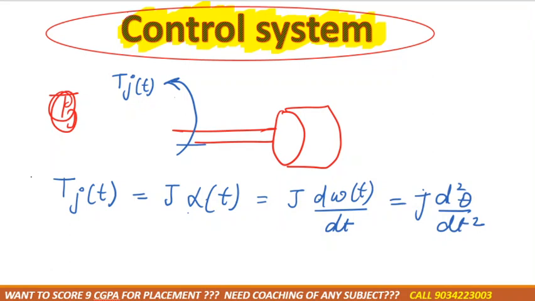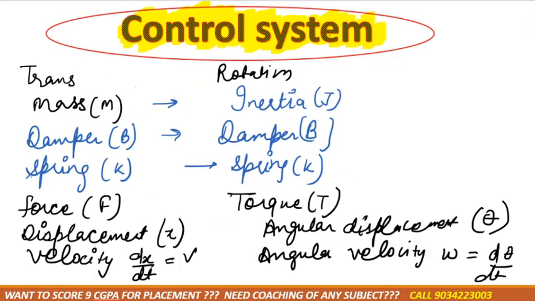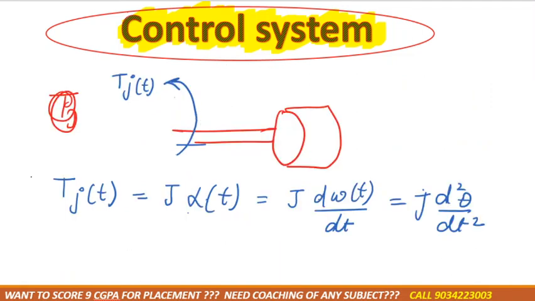Remember I told you, in this case we'll have torque, we'll have angular displacement that is represented by theta, we'll have angular velocity that is represented by omega, then we'll have acceleration that would be d2 theta divided by dt square, correct? Understood?